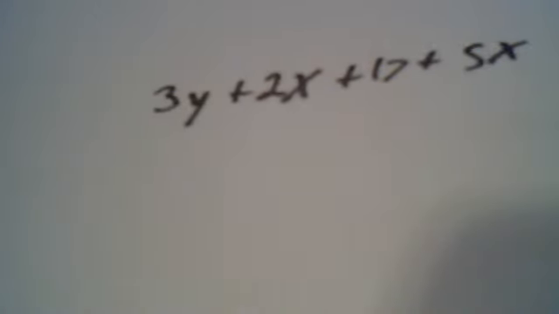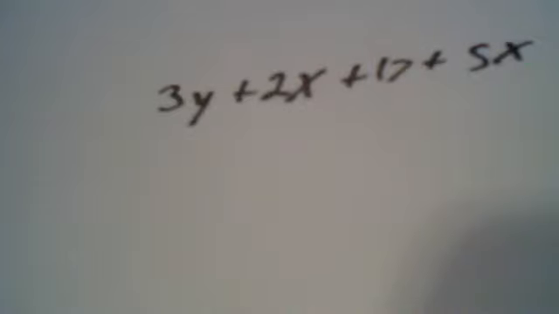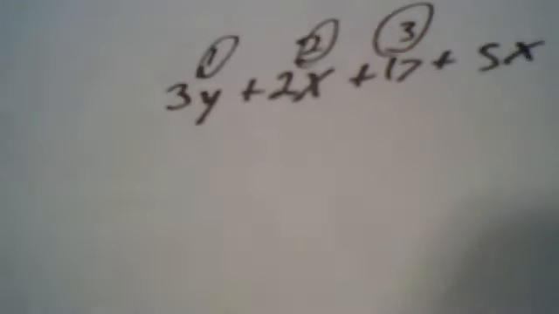Well, like I said, we want to get all our cards or our terms together that match. Let's say that 3y is going to be our first card, 2x is going to be our second card, and 17 is going to be our third because it doesn't have a variable by it. And since 5x has an x, that's also part of card 2.